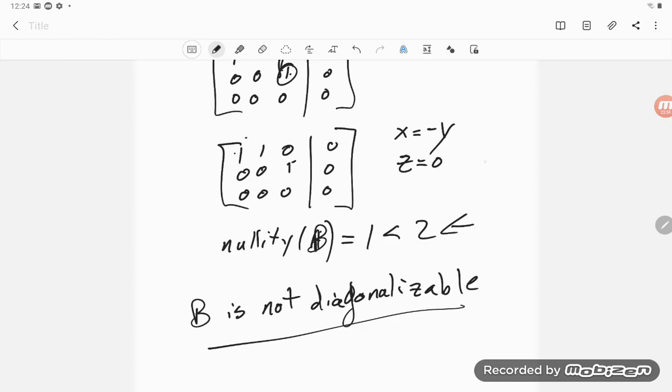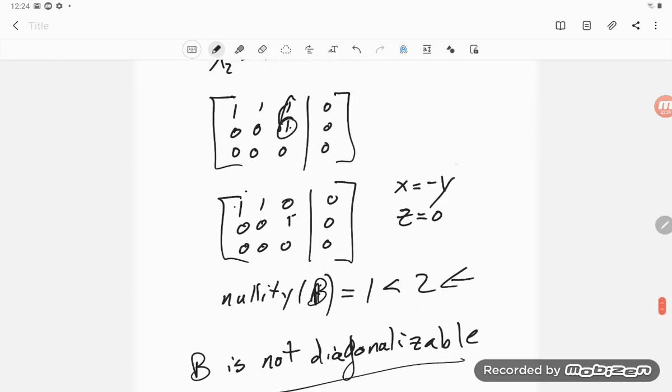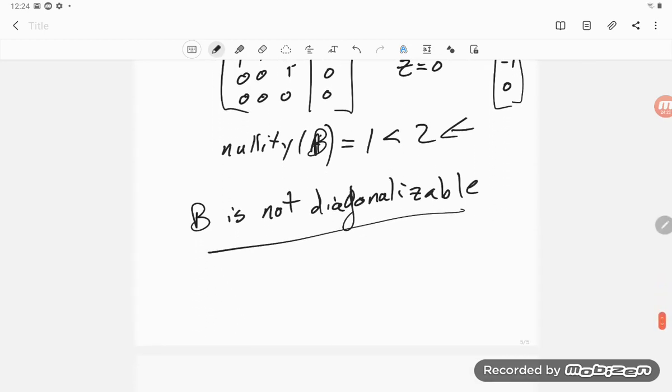So my eigenvector here, I didn't write that down, x has to be minus y, so I could do a 1, minus 1 again, but z has to be 0, and I'm just stuck with that, and so I cannot create my matrix from just those 2 columns, right?